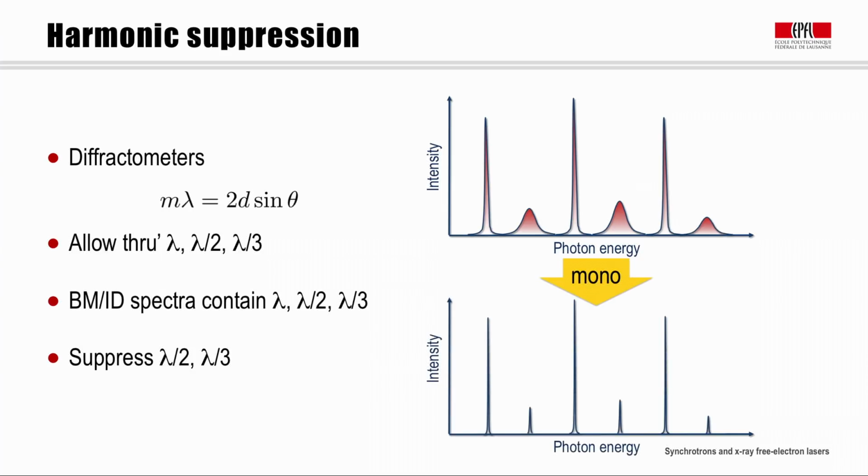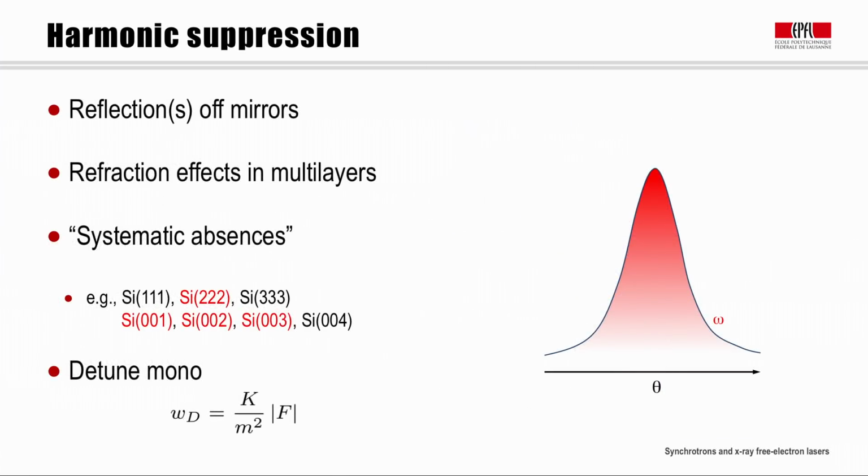So we have the mono, and we just narrow everything down, even for the case of undulators. Although we have seen how this can be done using a multilayer, and also in the last video by one or more reflections off mirrors, are there any other possibilities we could use?